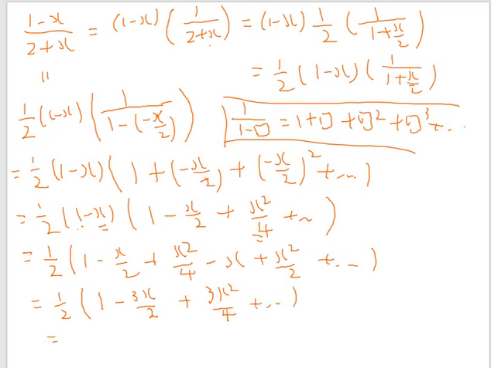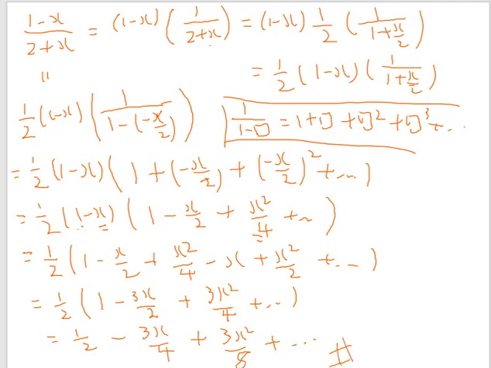Then you multiply the half in, so it'll be half minus 3x over 4 plus 3x squared over 8. Okay, so this will be the expansion.